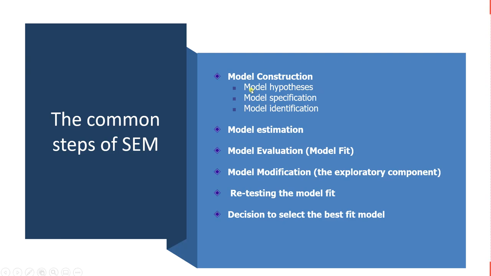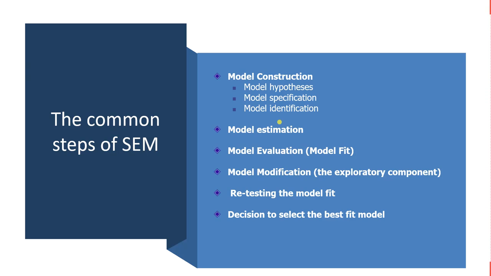But I have tried to club three aspects of the structural equation modeling steps, that is model hypothesis, model specification, and model identification, in one rubric, that is model construction. First we construct the model, and when I am saying model construction, it means that we have to develop or hypothesize our model based on previous research, our own research experiences.